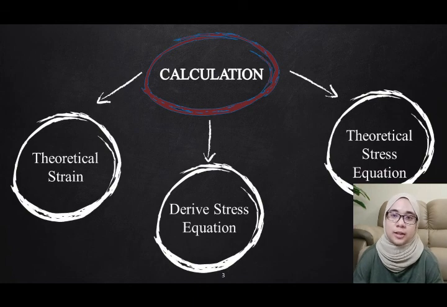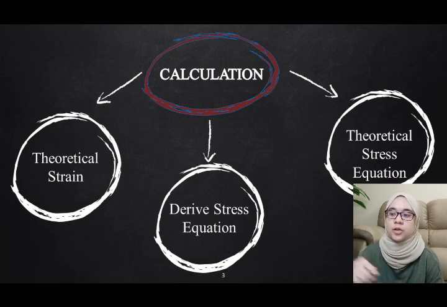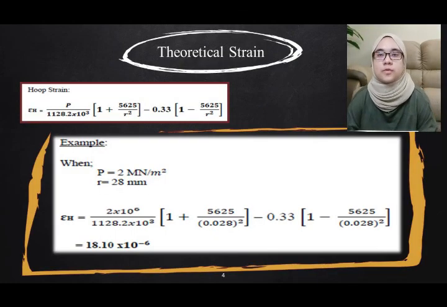Next, as shown in the table. So proceed to the calculation. In this calculation, we define three values, which are theoretical strain, derived stress equation, and theoretical stress equation. Let's proceed with the theoretical strain. In the theoretical strain, we find the value of the hoop strain, radial strain, and also longitudinal strain.